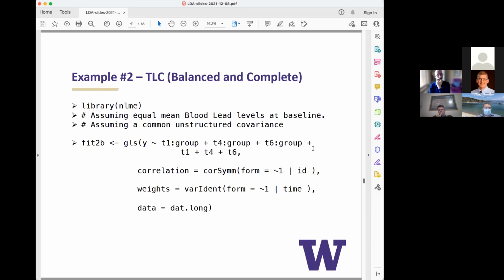A couple things. I want to say R has this amazing function. I've used it here and I've illustrated it in the syntax, this GLS function in this NLME package. And we've learned how to talk to this package to get the models that I just showed you.